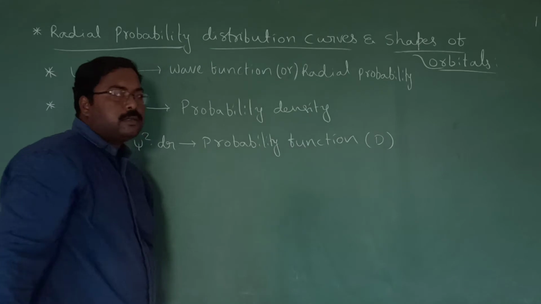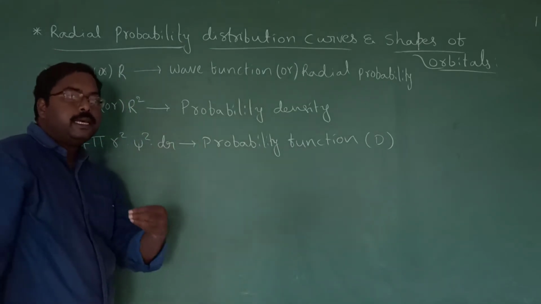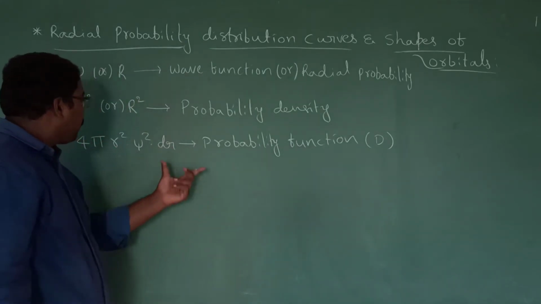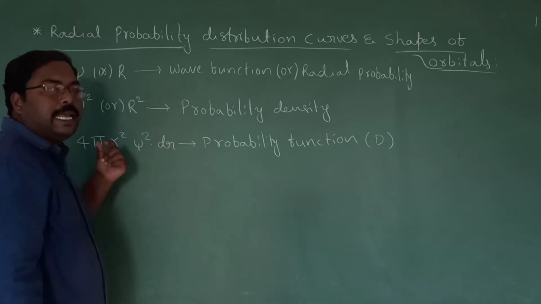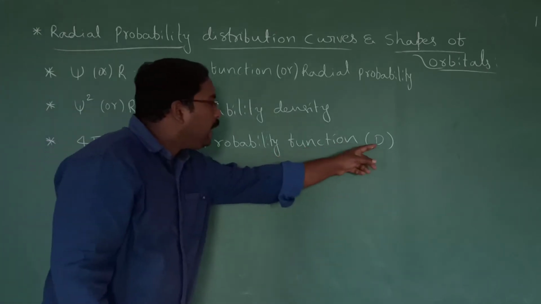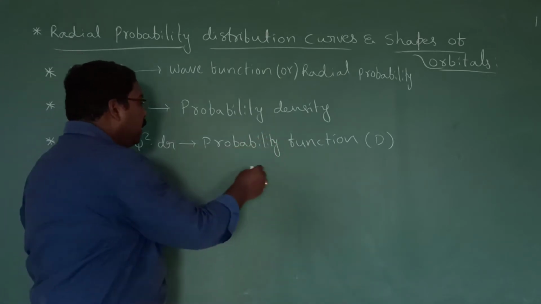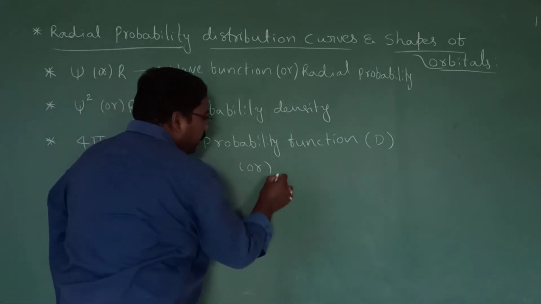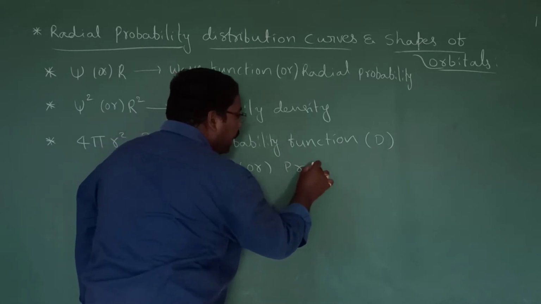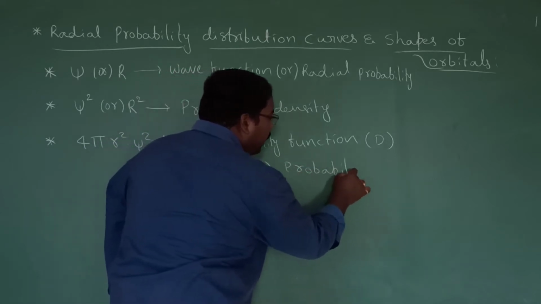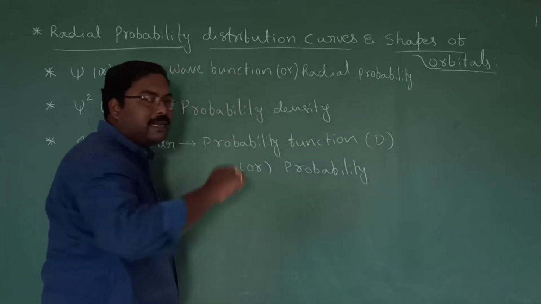So in the curves or graphs they give in the examinations, instead of 4 pi r square psi square dr, they may simply give capital D. It represents the probability function, or simply we can call it the probability of finding the electron.